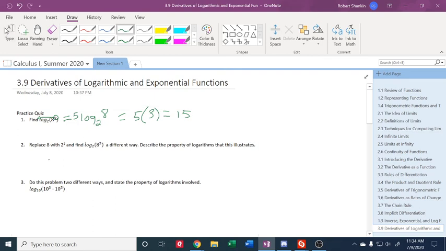If we do it again this way, I'm going to replace, as it suggests, that 8 with 2 to the 3rd. So it becomes 2 to the 3rd to the 5th. The exponents get stacked up on each other. Another way to look at it is 2 to the third raised to the 5th power.